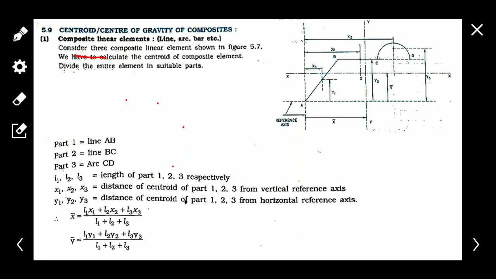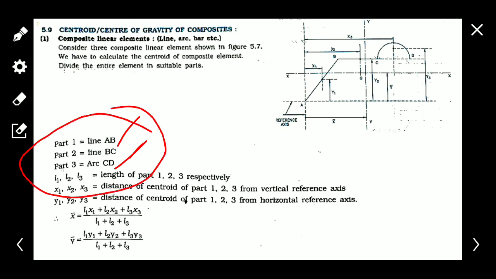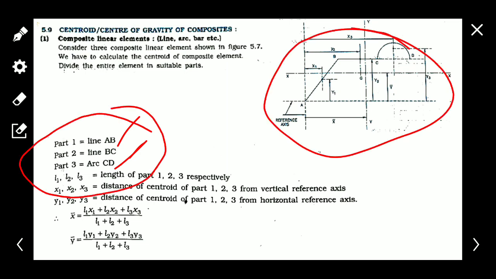The entire composite linear element is given here. There are three lines: one is an inclined line, second is a horizontal line, and third is an arc. Part 1 is line AB, part 2 is line BC, and part 3 is arc CD. This figure is made from these three parts.